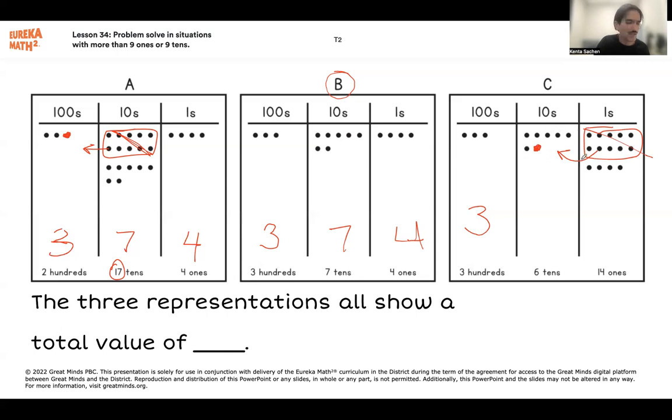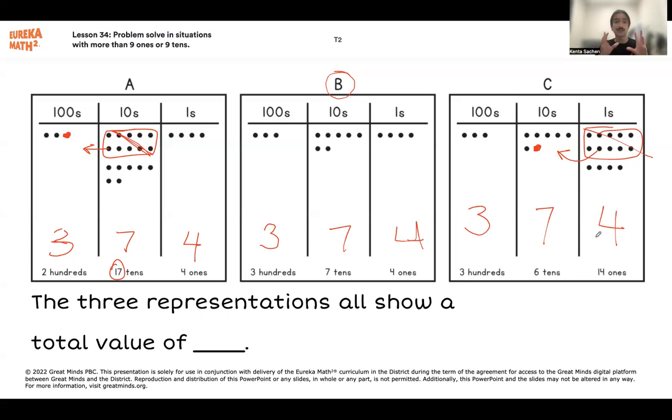How many tens are there now? How many tens, Paloma, altogether? Yeah, 7 tens. And how many ones do we have? How many ones, Salvador? Yeah, 4 ones. So this number, 3 hundreds, 6 tens, and 14 ones, is also showing 374.